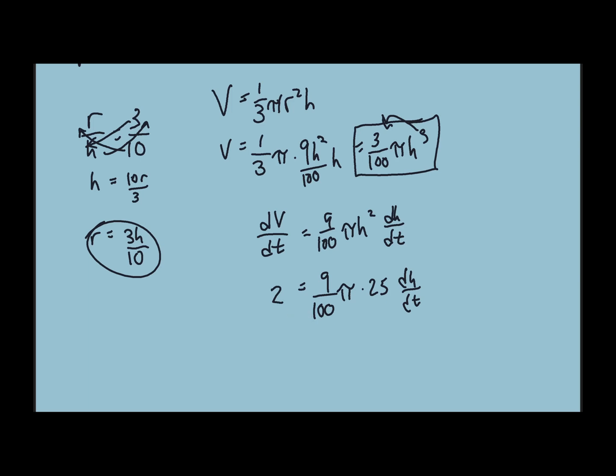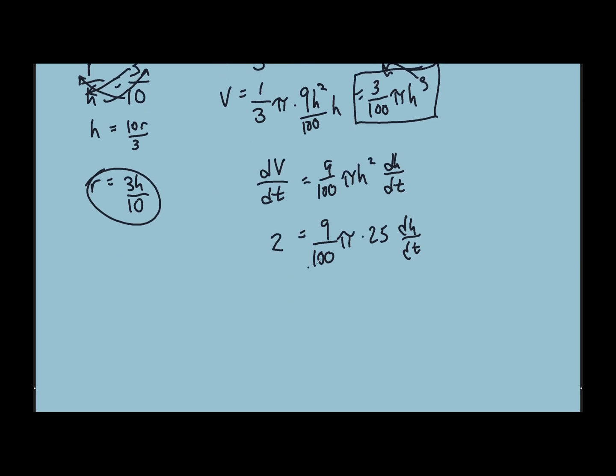Let's multiply the 100 up. So we get 200 equals 225 pi dh/dt. So dh/dt is going to equal 200 over 225 pi. What's that going to work out to?